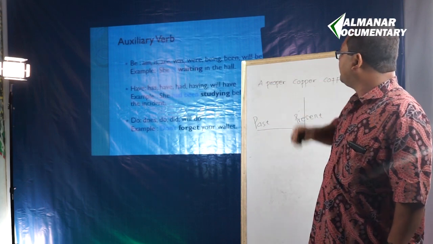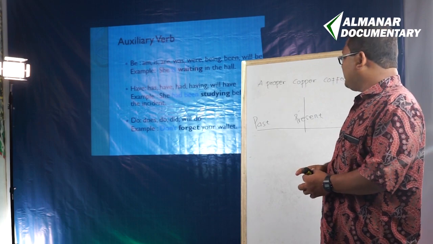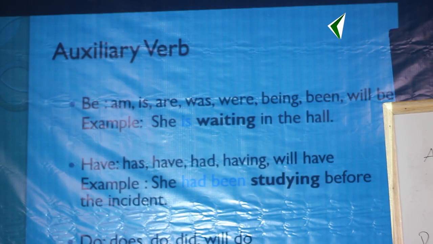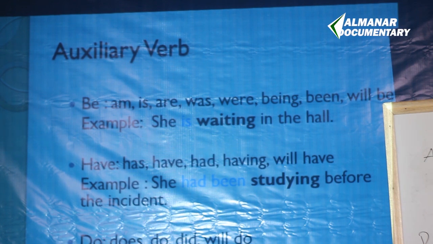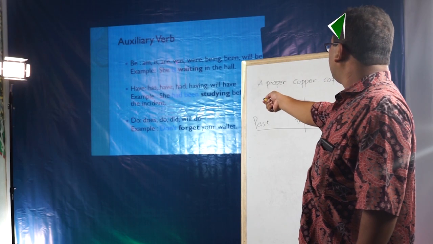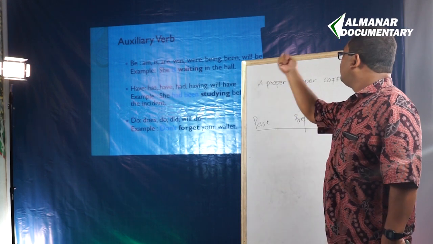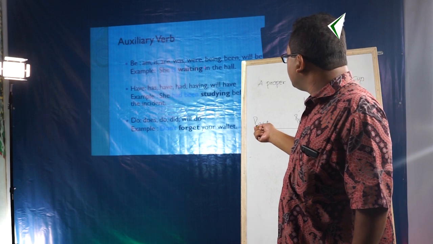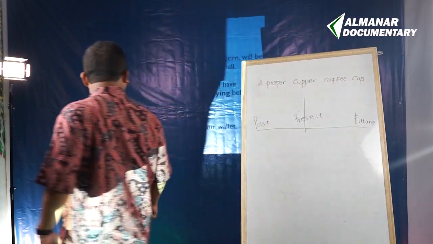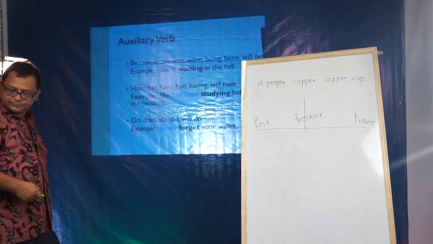Here we are. Look. What is be? Be, as we know, I am, is for the third singular person, are for we are, they are, you are, and also the words were, being, been, will be. Example, she is waiting in the hall.